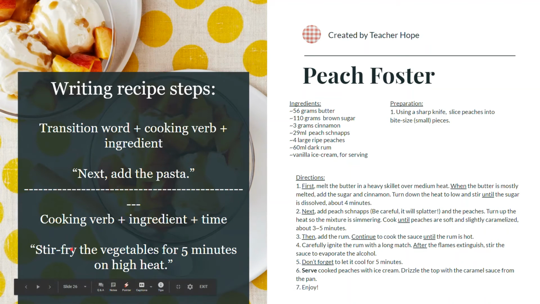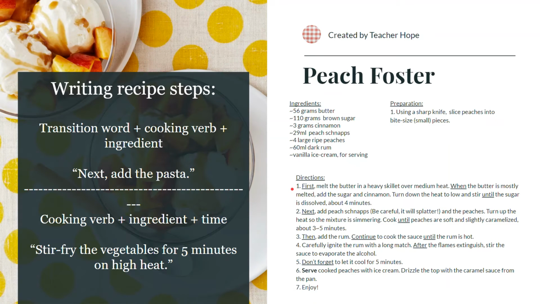Also, you see cooking verb, stir fry, ingredient, vegetables, and time for 5 minutes. Now, you will see more words than just these, but these are the general outline and the general structures of writing directions for a recipe. Let's read these together.